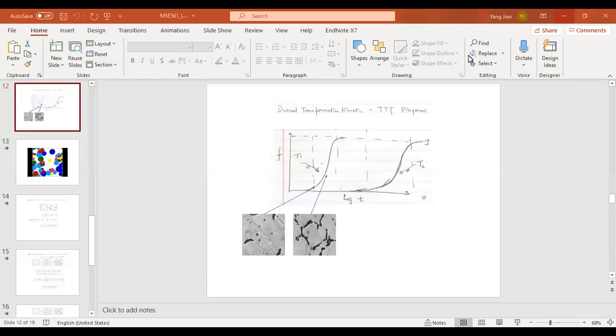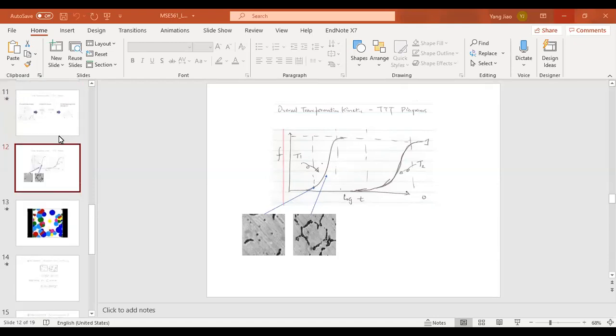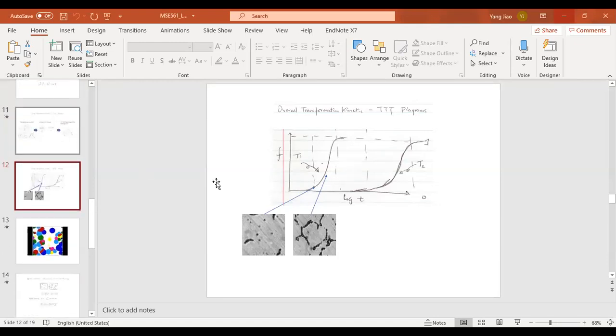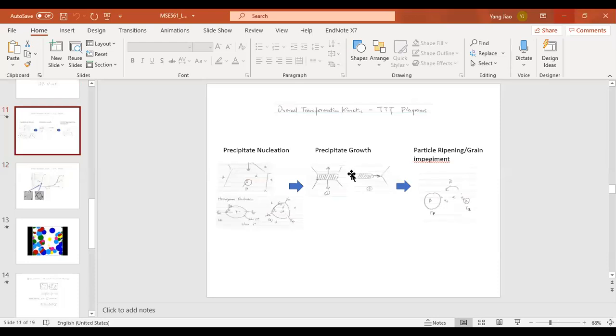Okay, so in the last lecture we talked about another phenomenon that we typically see in the later stage of the precipitate growth process, which is Ostwald ripening.